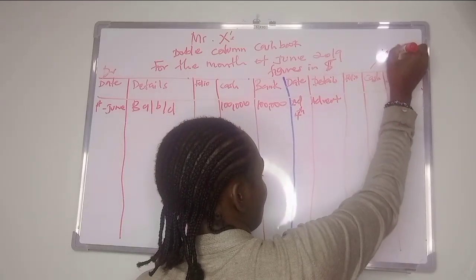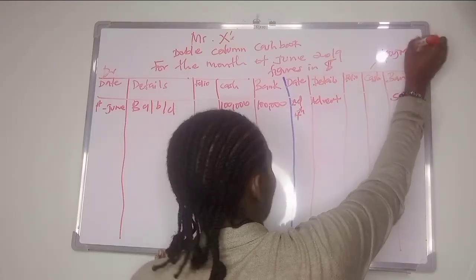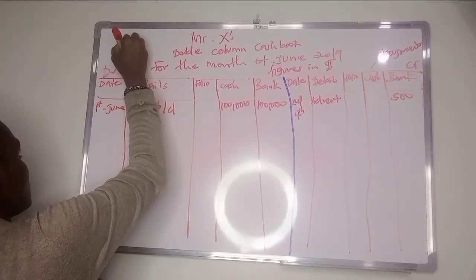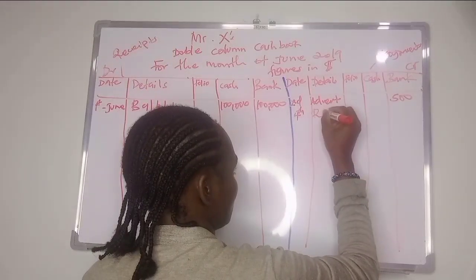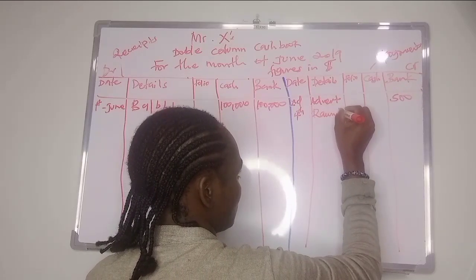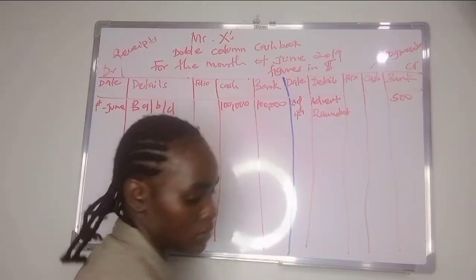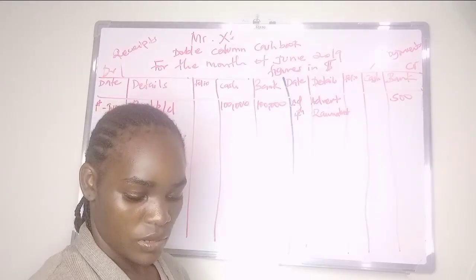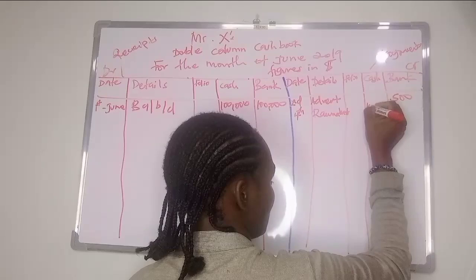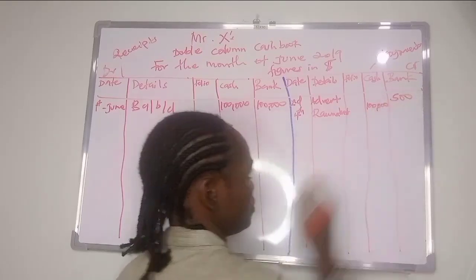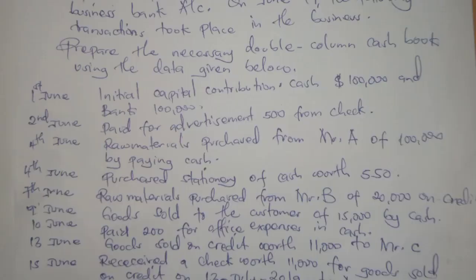As we said, this side is for payments, this side is for receipts. So raw materials amount 100,000. It was paid by cash, so we will put it under the cash column.